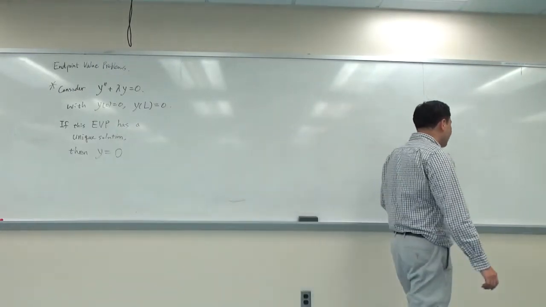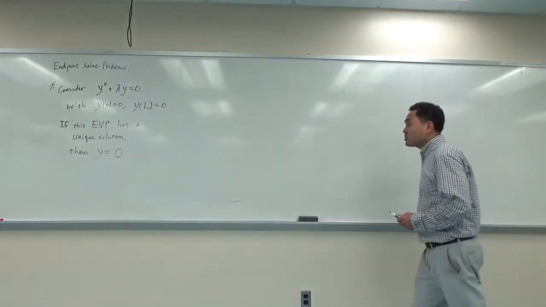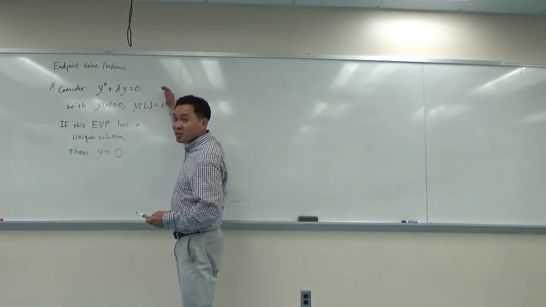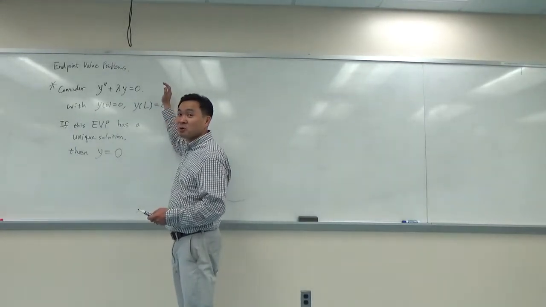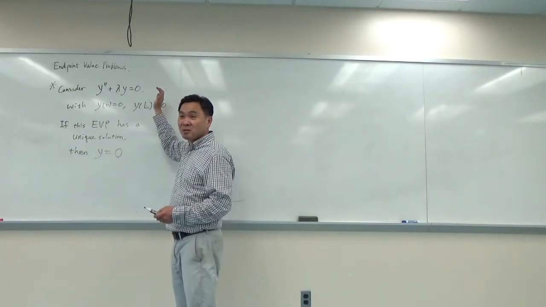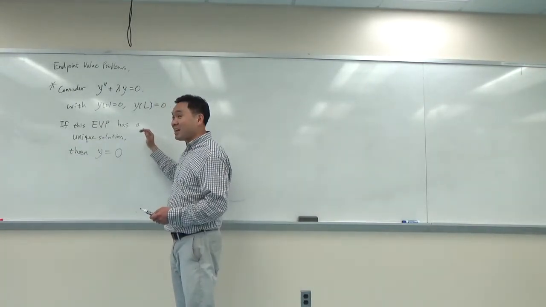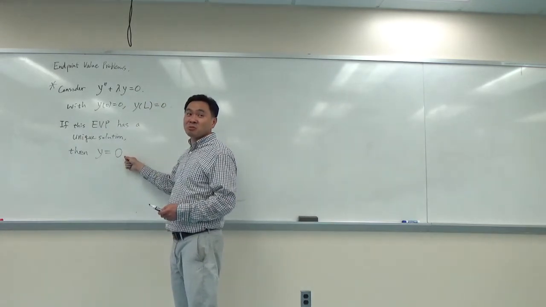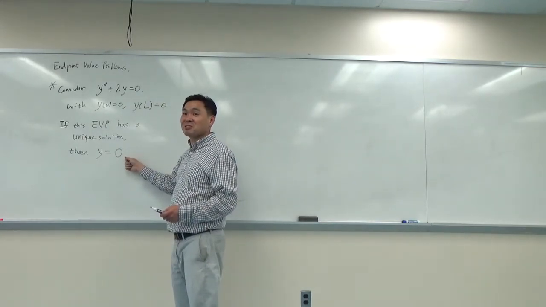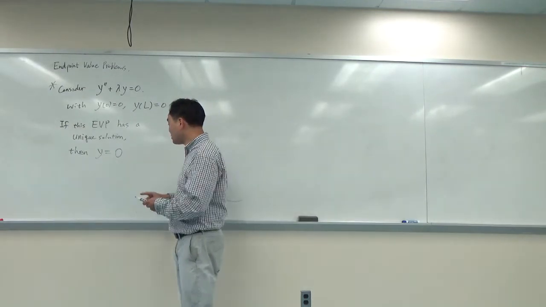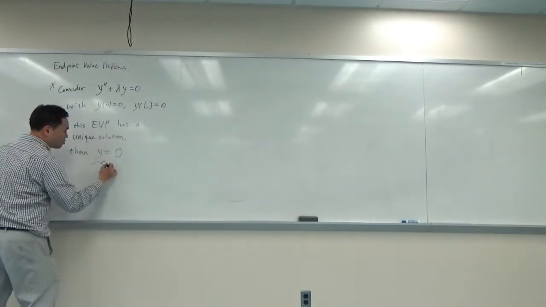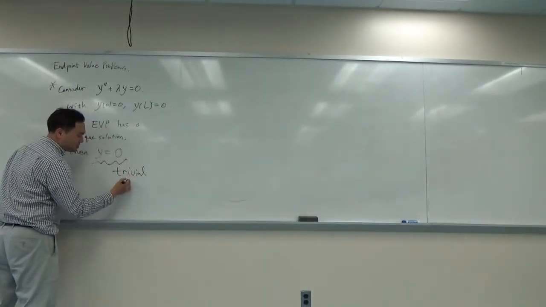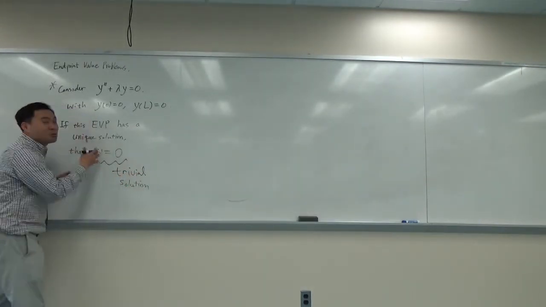Now it turns out that we actually run into such a situation when we solve partial differential equations. But in that context, this is the answer you want to avoid. You want to find something that's non-trivial. This one is called the trivial solution, because it's so easy to think of.